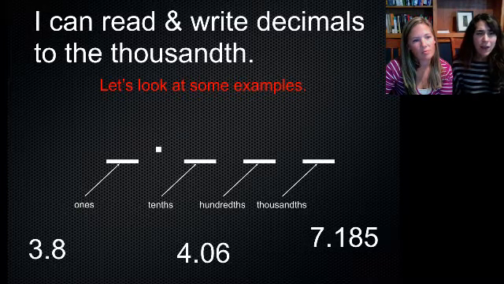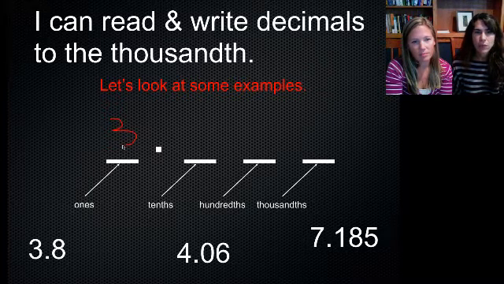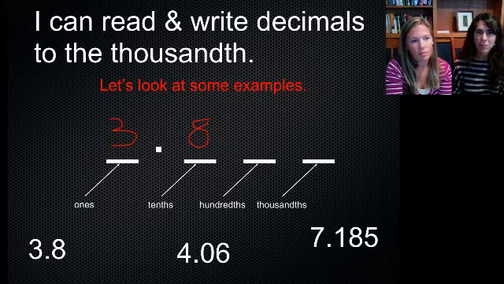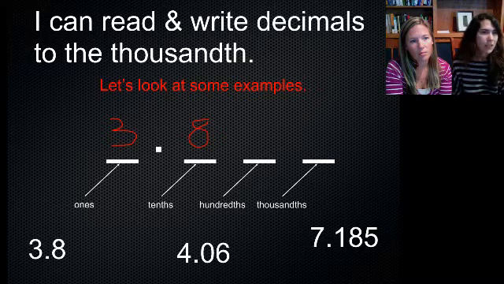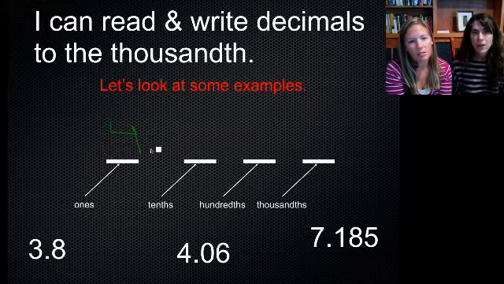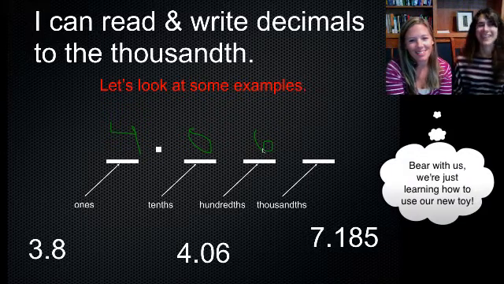Once again, instead of saying 3.8, now we are going to say 3 and 8 tenths. Since we ended on that place value of tenths, that's why we get to say tenths. The next one would be 4 and, this one's tricky, 6 hundredths. Beautiful.